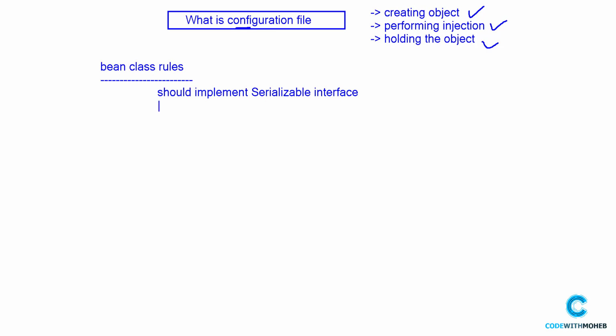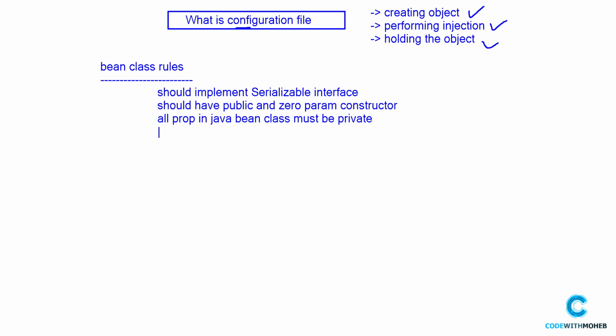The second one is that it should have a public, no-argument constructor, that is, a public zero-parameter constructor. The third rule is that all properties in a Java bean class must be private.